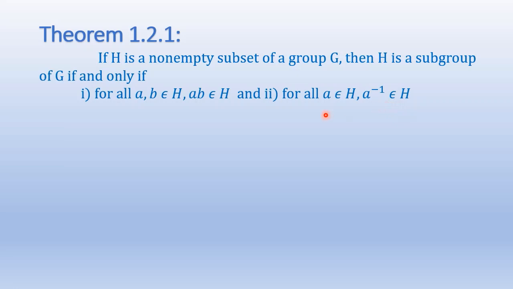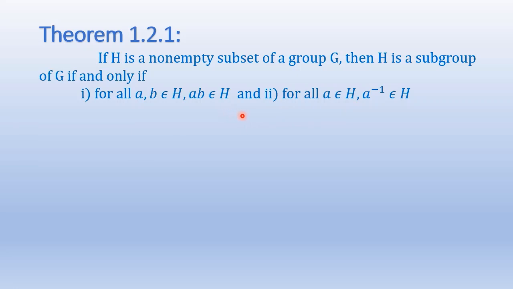Here we are considering only the two conditions, that is the closure property and the inverse property. So the associative property, as already said, need not be verified, and here you need not verify the identity property also. If these two conditions alone exist, then obviously identity exists.